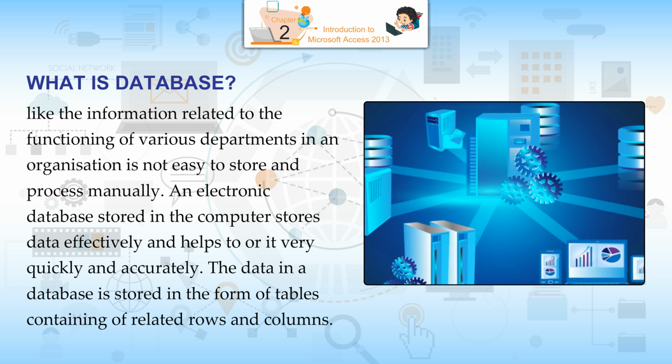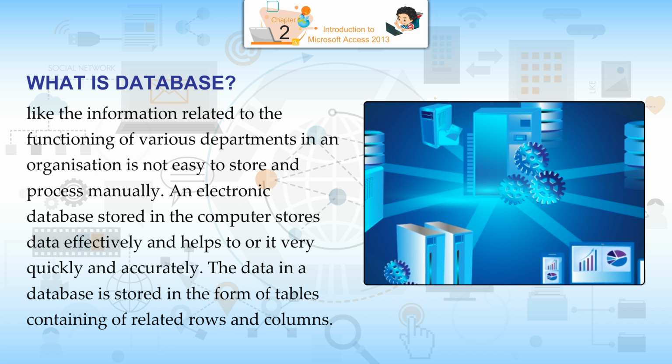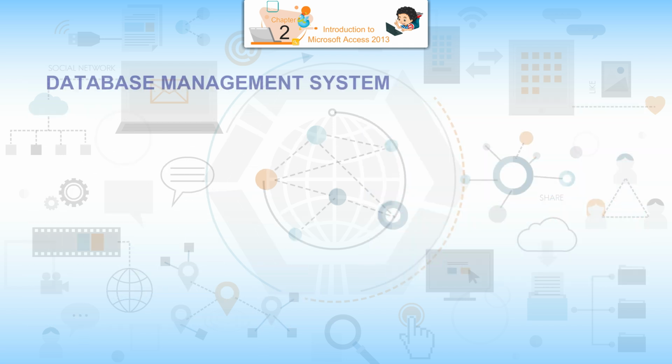An electronic database stored in the computer stores data effectively and helps to retrieve it very quickly and accurately. The data in a database is stored in the form of tables consisting of related rows and columns.